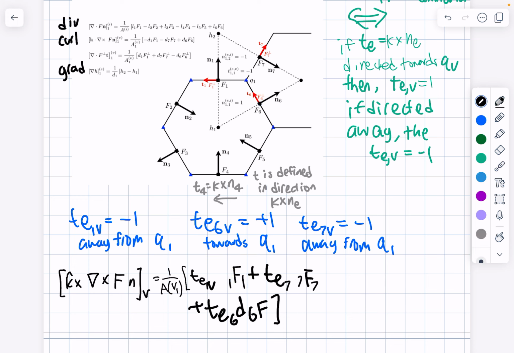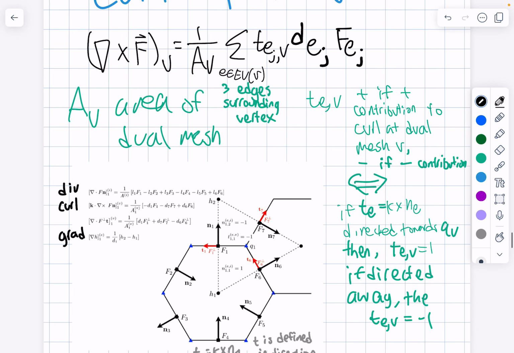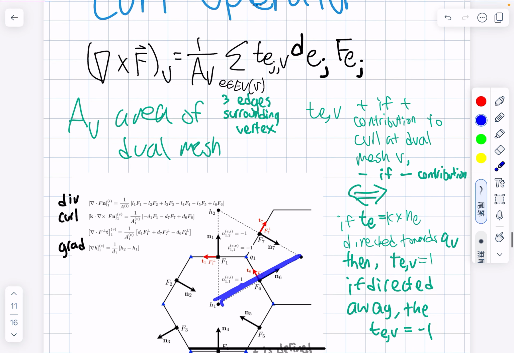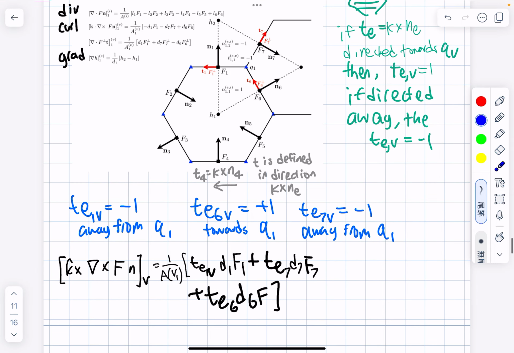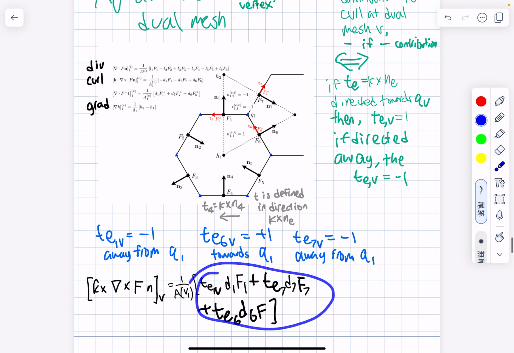I believe I had this wrong. Sorry for the mistakes, this is D again. This is actually the distance between two cell centers, or the distance across an edge, which is between two cell centers. So we just add up these contributions.